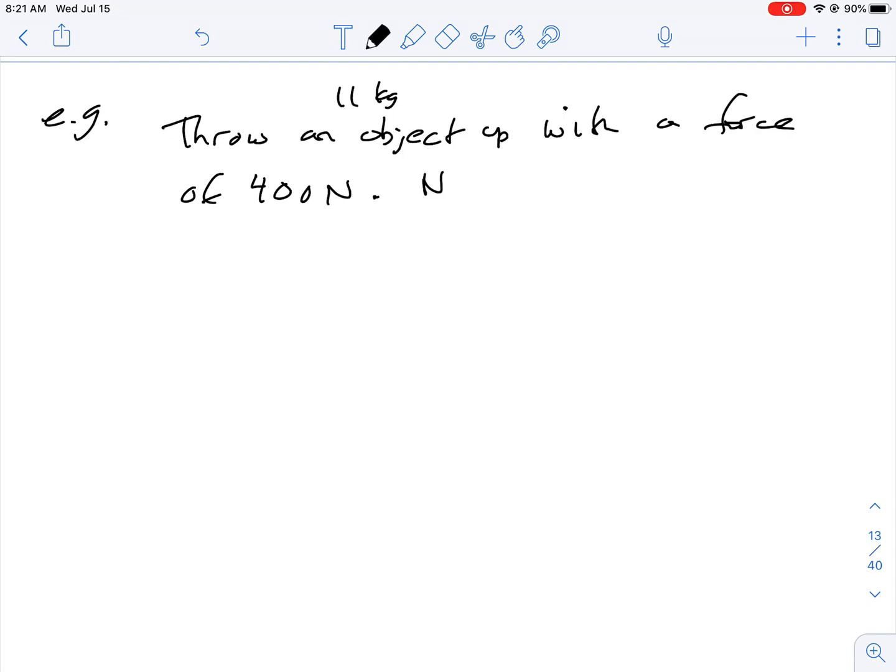The object has a mass of 11 kilograms. We'll assume there's no air resistance. Our job, what's the acceleration, for example?